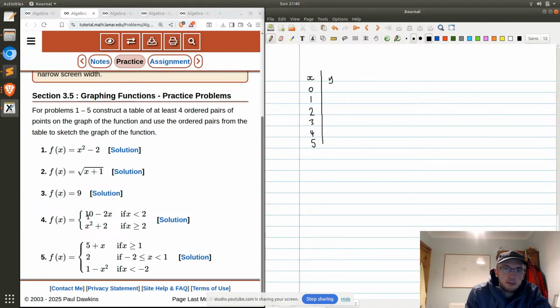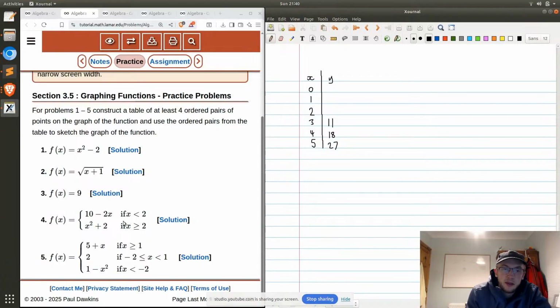And okay, just simply work out what the y values are. All right. If x is greater than or equal to 2, square the input and add 2. Okay, so over here, it would be 9 plus 2, which is 11. It would be 16 plus 2, which is 18. It would be 25 plus 2, which is 27. Hold on just a minute.